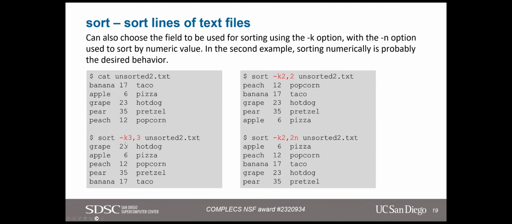So in our first example, there's -k 3,3, so we're sorting on this third column. In the second one, we're going to sort based on the second column. Notice that the second column is numeric, but sort doesn't know that. It's evaluating them as just characters, so 12 and 35 are going to come before 6.